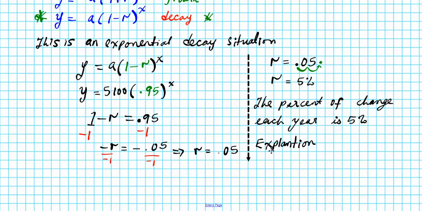So explanation, how did we end up with the rate being 5%?